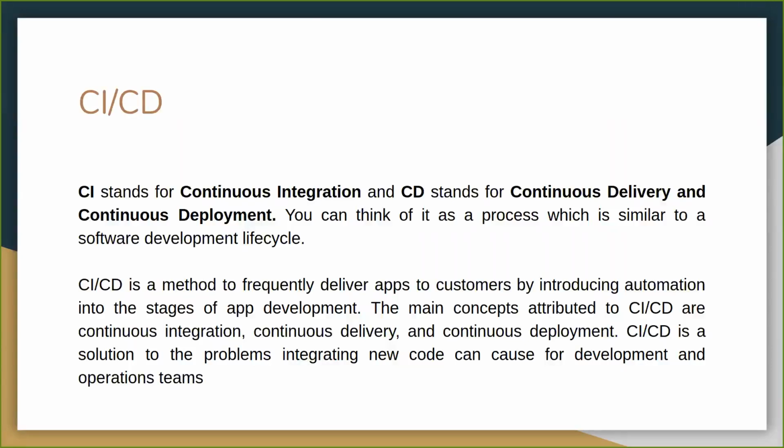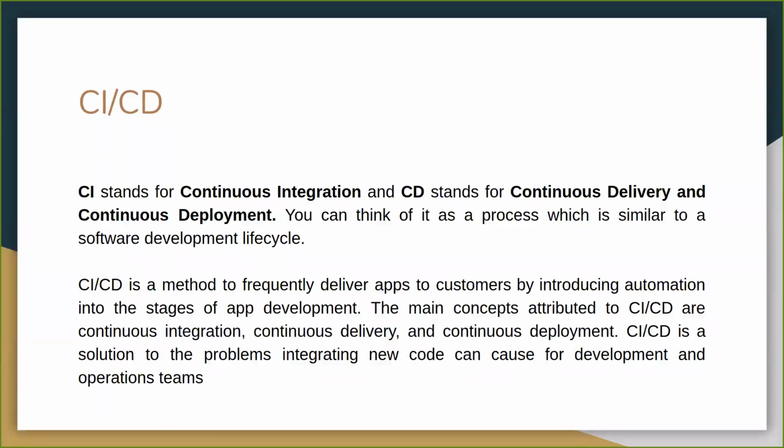Okay, now let us talk about CI/CD. This is another thing which is very hot in DevOps. CI stands for continuous integration and CD stands for continuous delivery and continuous deployment. You can think of it as a process which is similar to the software development cycle. CI/CD is a method to frequently deliver apps to customers by introducing automation into the stages of app development.